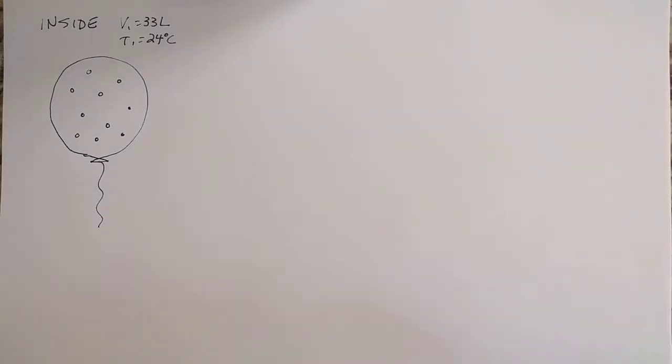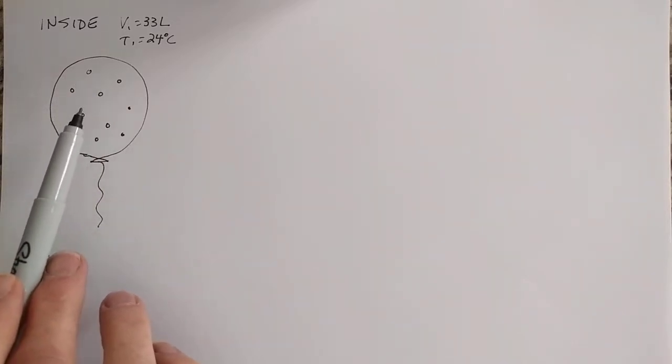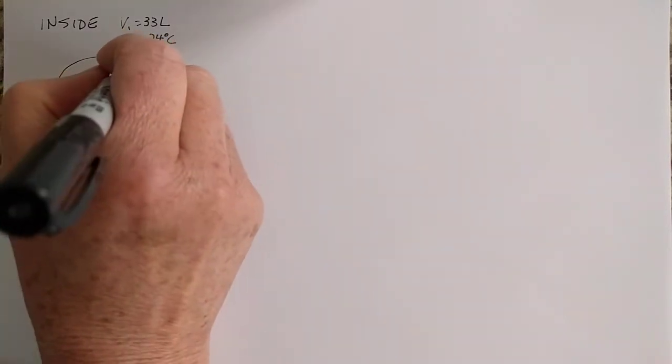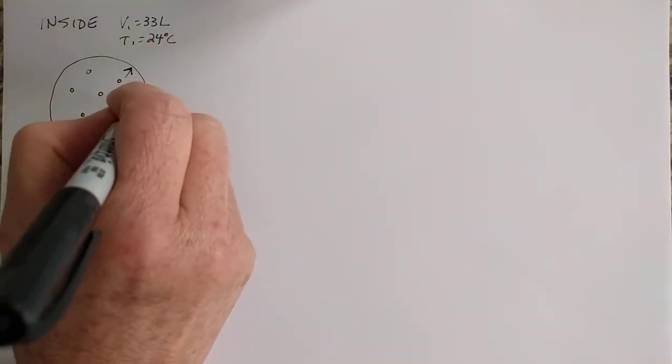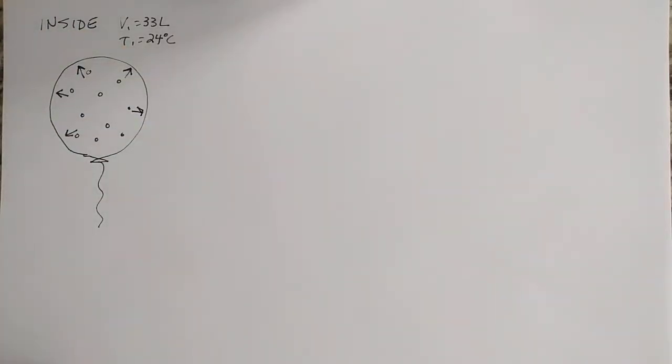Our gas particles in the balloon are all moving around, bumping into each other, and hitting the sides of the balloon, pushing the balloon out. They are exerting a pressure.